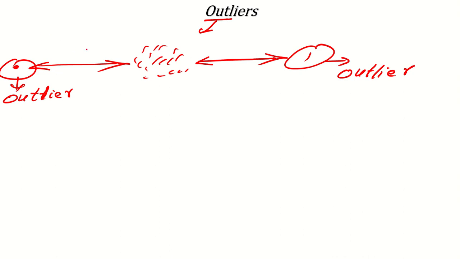First of all you must understand the meaning: if a number lies far away from the other numbers, then it is called an outlier. Like this, the majority of the group is sitting here, and one student is sitting here, or one student is sitting here, so both of them are called outliers.